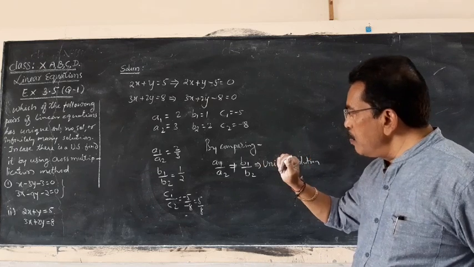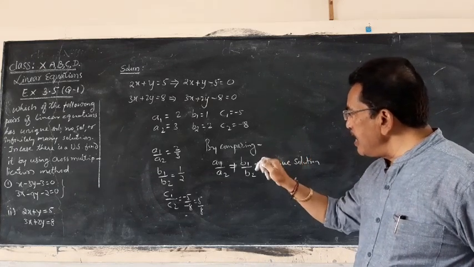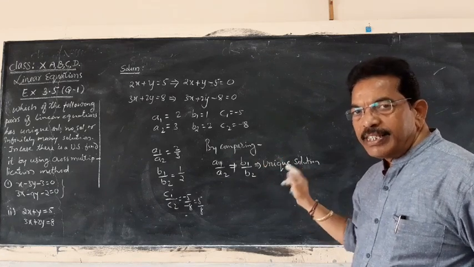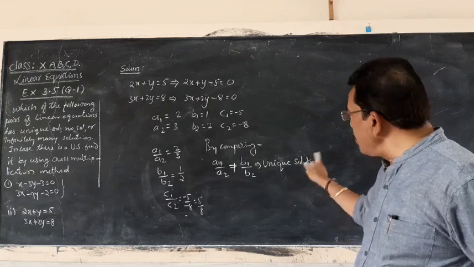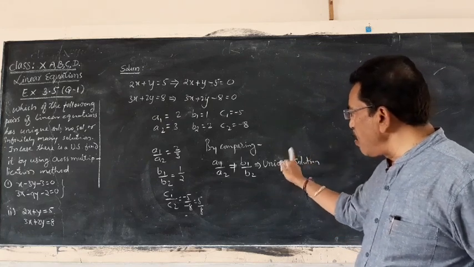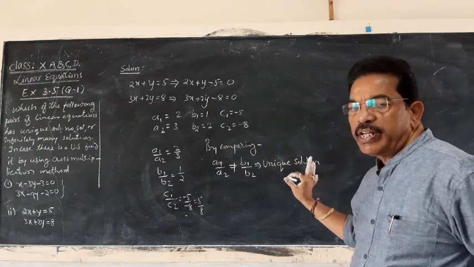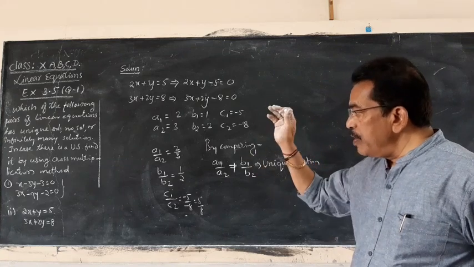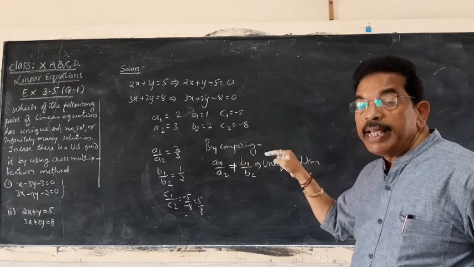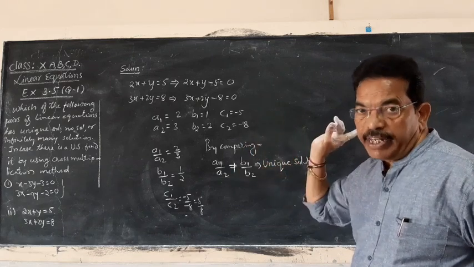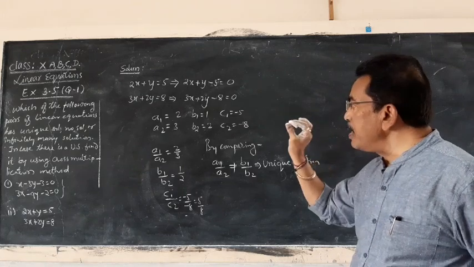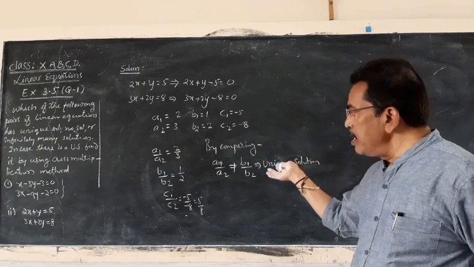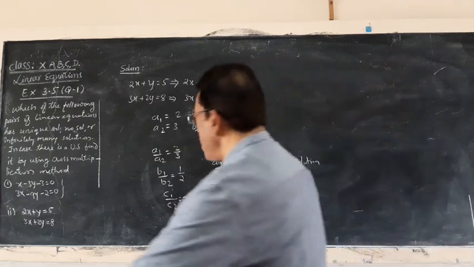By observation, a1 by a2 is not equal to b1 by b2, which is the condition for a unique solution. That means we find x and y by the cross multiplication method. This much you have to write down first. After writing this, let us apply the cross multiplication method.